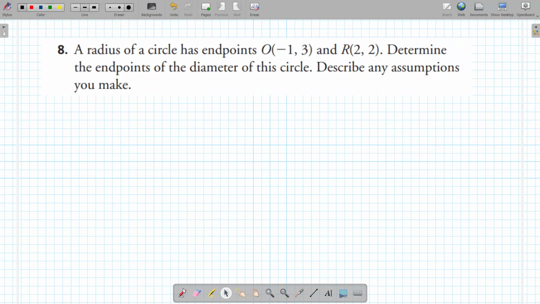So we have a circle. And what we know about it is that the radius of the circle has endpoints -1, 3, so -1 and 3, right there. And 2, 2, 2 and 2.